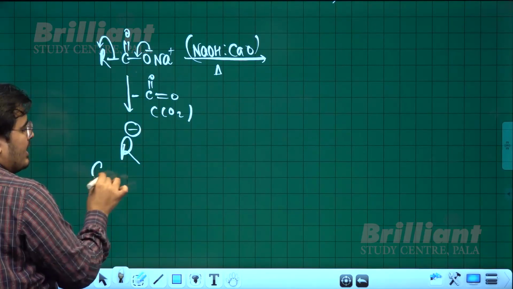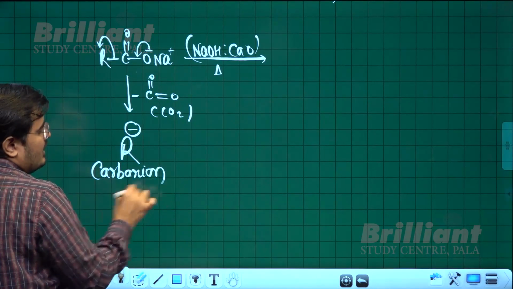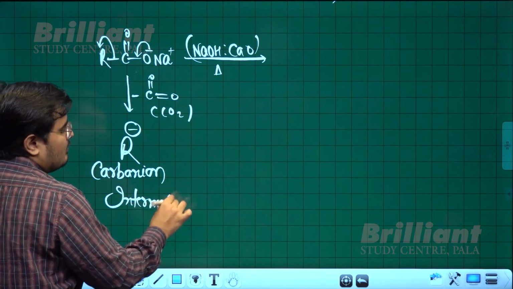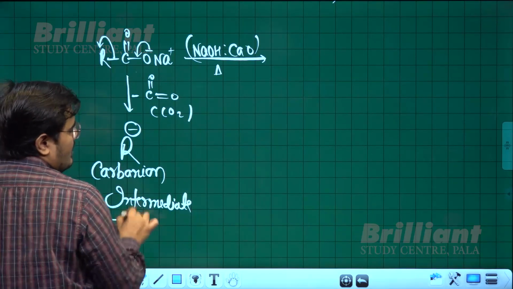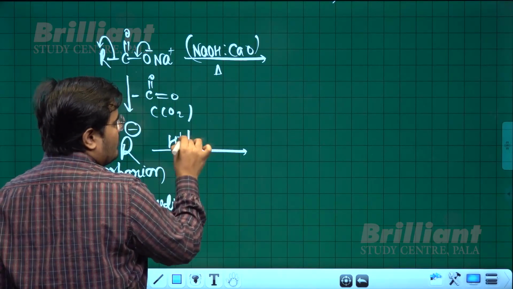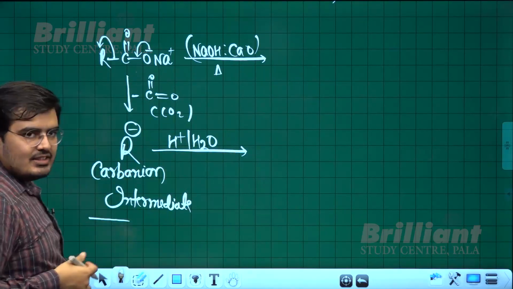R will be the alkyl part, so we can say carbanion is the intermediate formed in the soda lime decarboxylation, and this R minus can then be protonated with any proton source present in the solution, or you can add a bit of acid from outside.